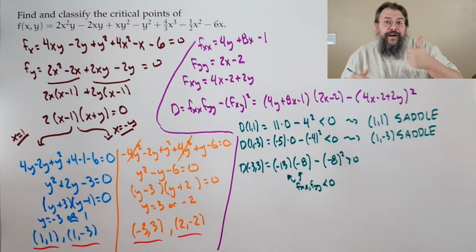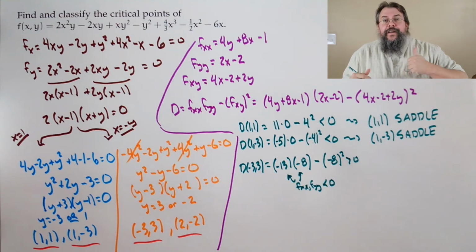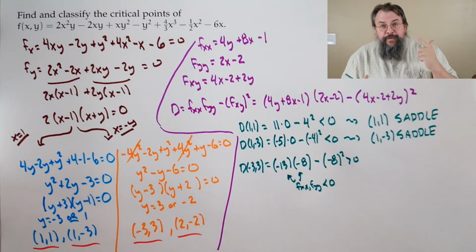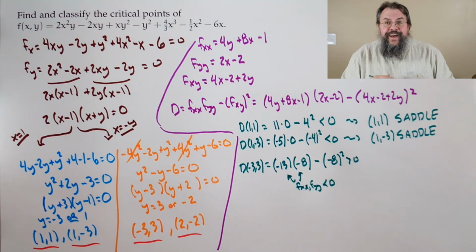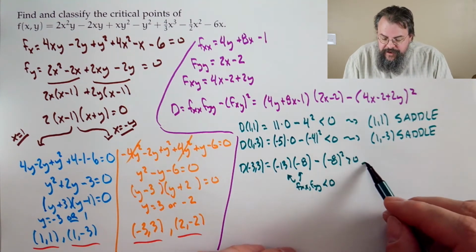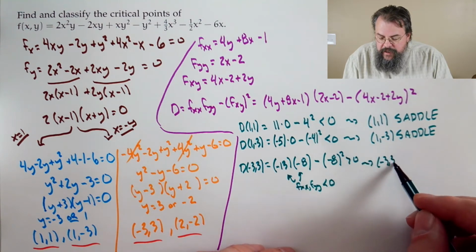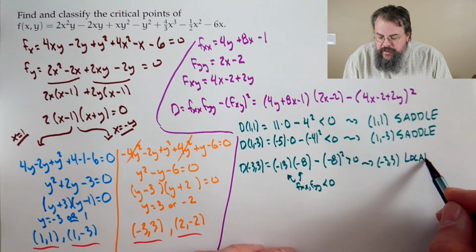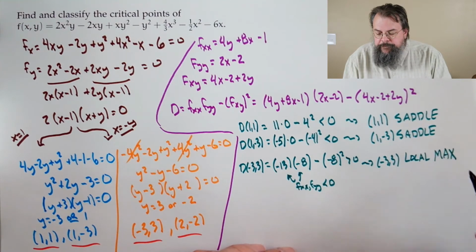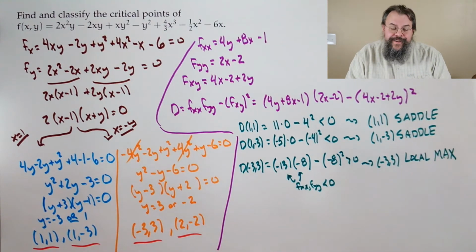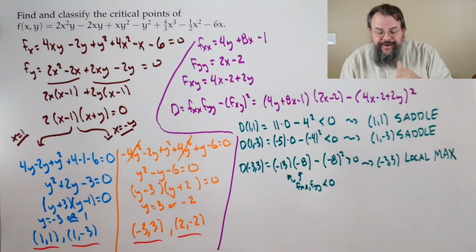So the fact that we got a positive out for this discriminant d, and that our two second order partial derivatives are both negative, we put that together and we say this is going to be a local max.